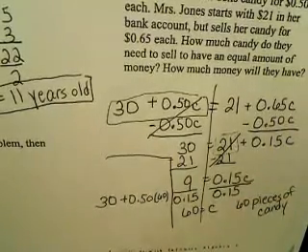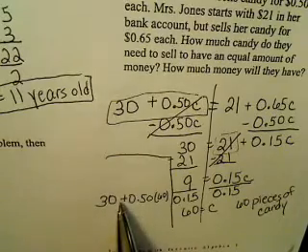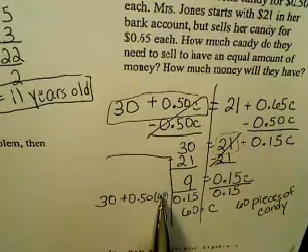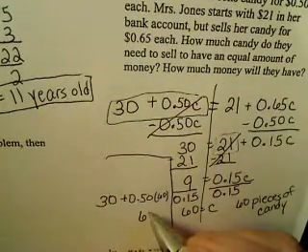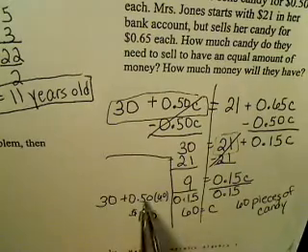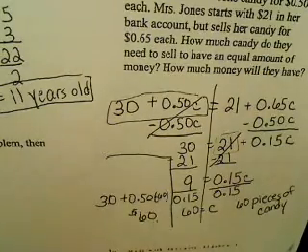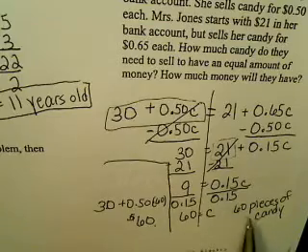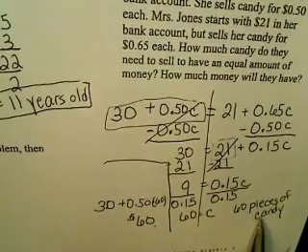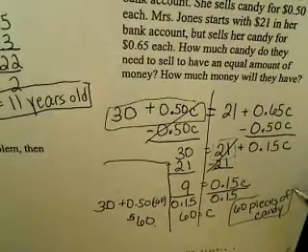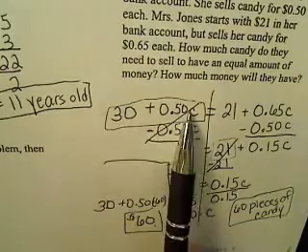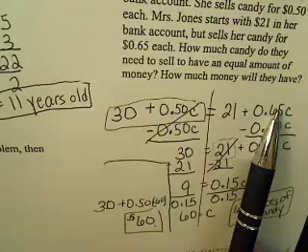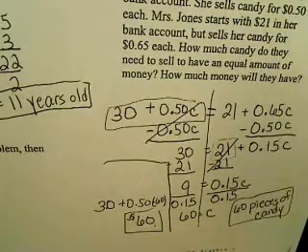So 30 plus 50 cents times 60 is going to end up giving me a total of $60, because half of 60 is 30, and 30 plus 30 is 60. So after they each sell 60 pieces of candy, they're each going to have $60. So we just made an expression for Miss Zhao and an expression for Mrs. Jones, and then we solved it like a multi-step equation.